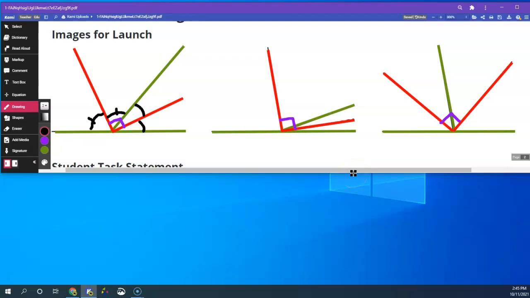All right, so it looks like these two angles are congruent. Right here, this angle and this angle look congruent. This angle and this angle look congruent, so I'm going to use a double. Right here and right here.